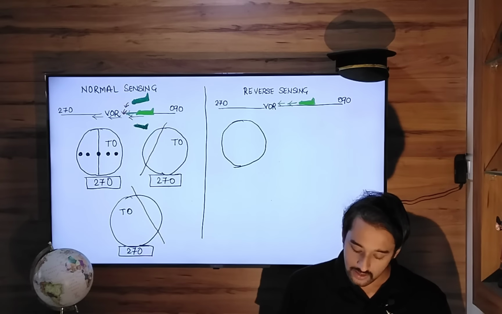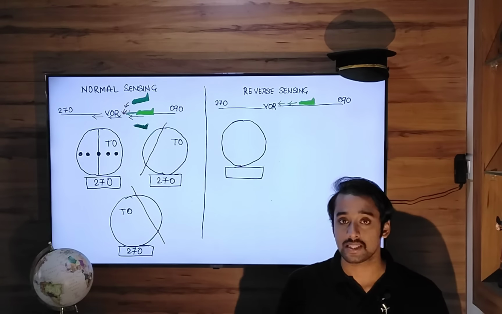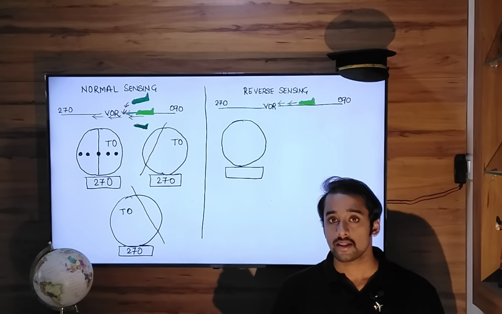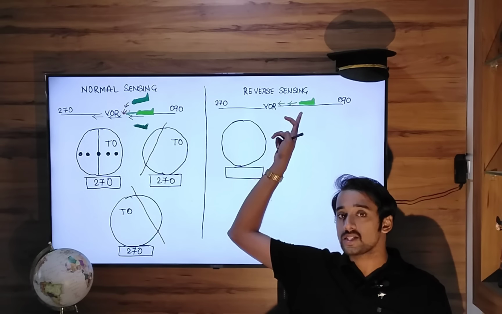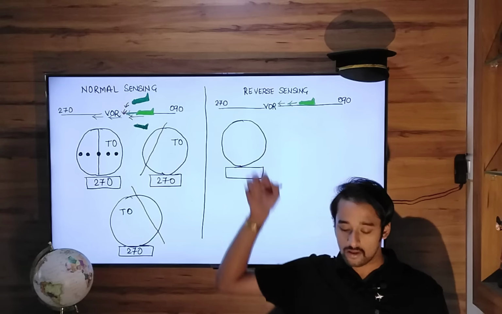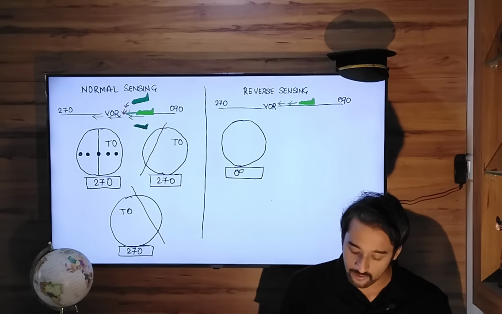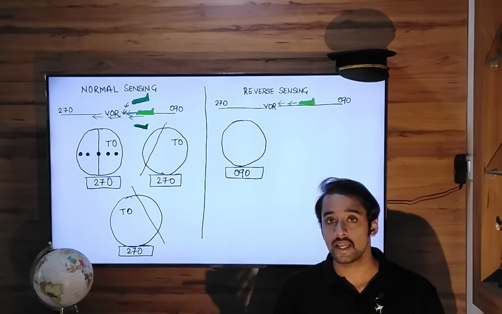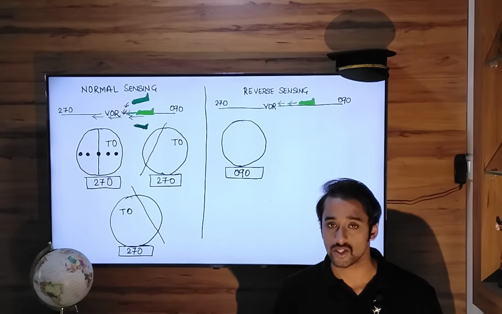Now in this case, if a pilot makes a mistake of thinking that since he is established on radial 090 and flying inbound, he puts radial 090, he will get CDI indications which are reverse in sense. Meaning what?